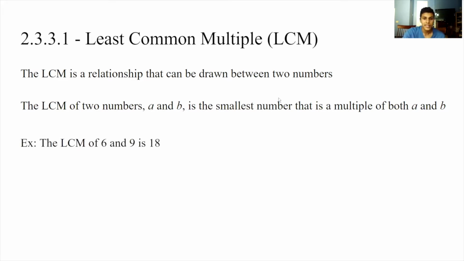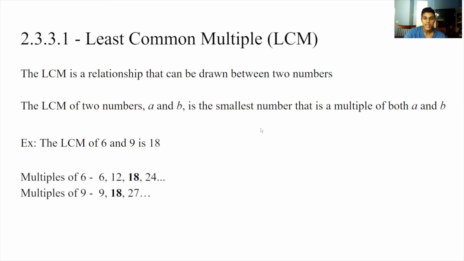If we're trying to find the LCM of 6 and 9, we would find it to be 18. The reason why is that if we list out all of the multiples of 6 and 9, we find 18 to be the lowest number that's a multiple of both. The multiples of 6 are 6, 12, 18, 24, and so on. And the multiples of 9 are 9, 18, 27, and so on.